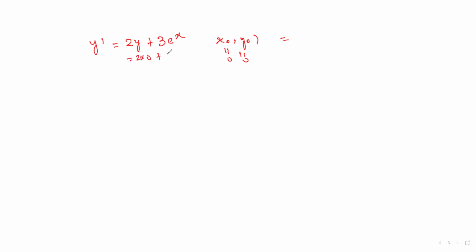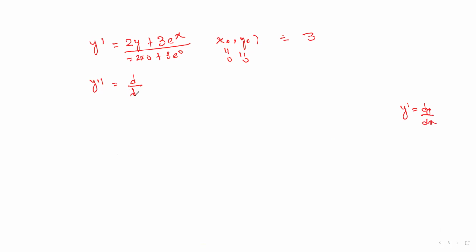So then we know this is the first value. Now we look at y double dash. Differentiating, y dash was equal to 2y plus 3 e power x.